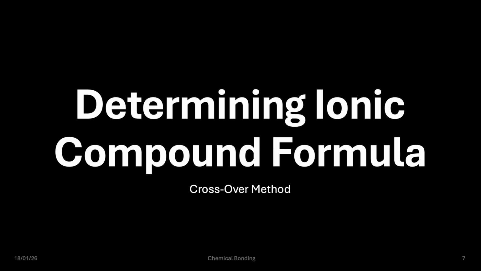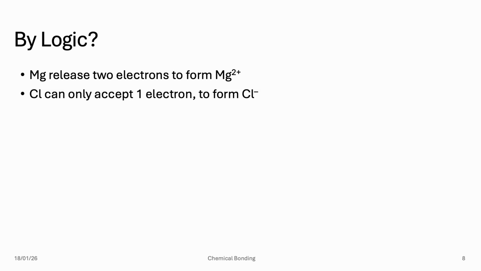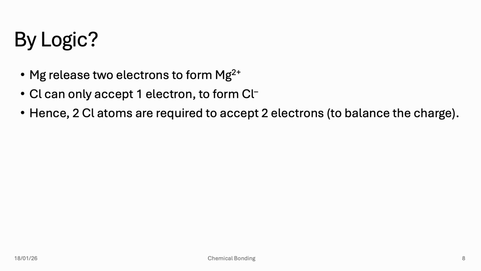Okay, determining the ionic compound formula. For example, because Mg releases 2 electrons to form Mg2+, Cl can only accept 1 electron to form Cl-. So we need 2 Cl atoms to accept these 2 electrons from the magnesium to balance the charge. So Mg forms Mg2+ plus 2 electrons, and Cl2 accepts those 2 electrons to form 2 Cl-.